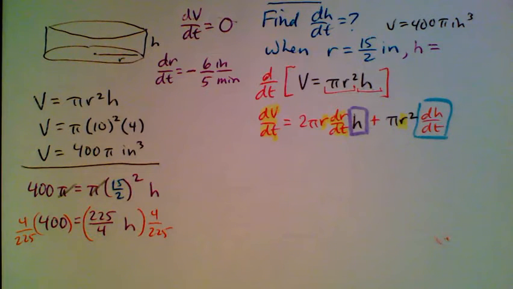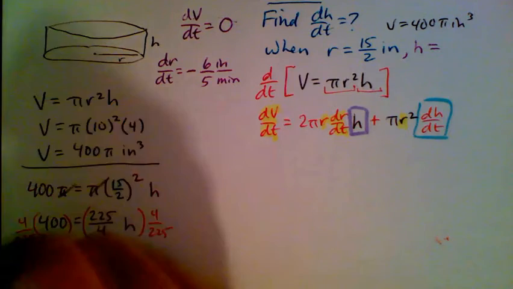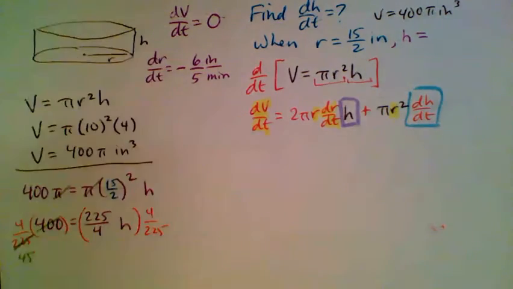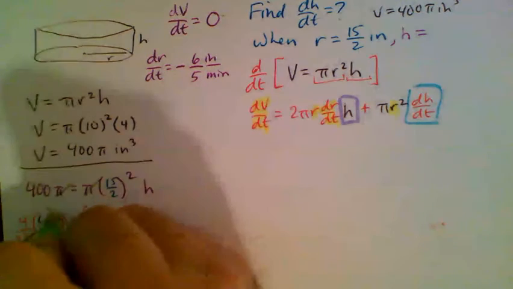Let me ask my calculator here what 225 divided by 5 is. So that's 45. And then 400 divided by 5 is 80.